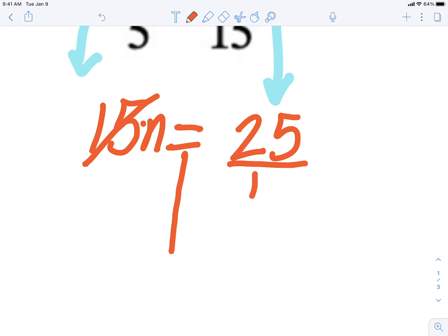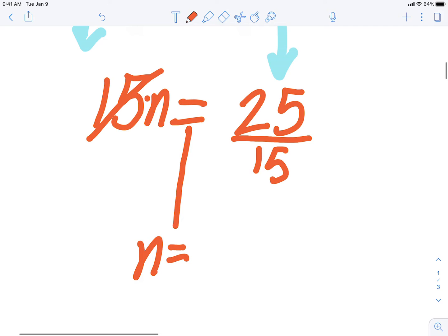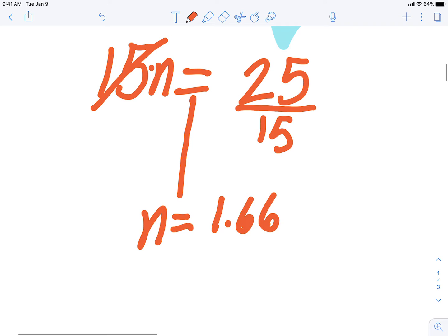I divide by 15 and I get n is equal to... wait a minute, can 25 go into 15? It can't, so we have to divide using our calculator. 25 divided by 15 is equal to 1.66, and we are going to round to the nearest tenth.